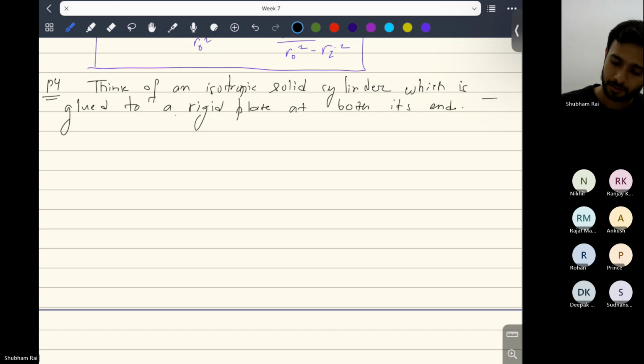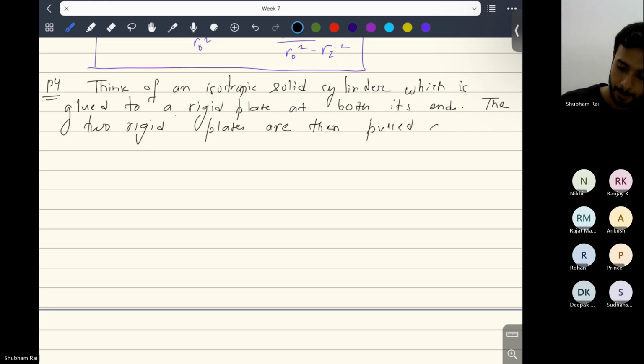Okay, and then it has been given that the two rigid plates are then pulled apart along the axis of the cylinder.